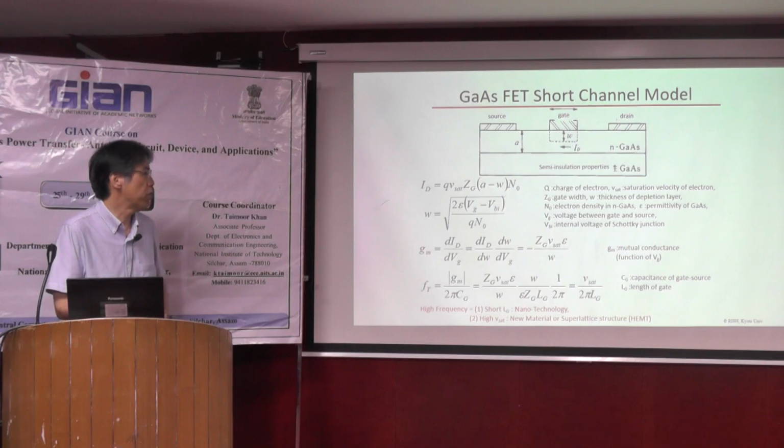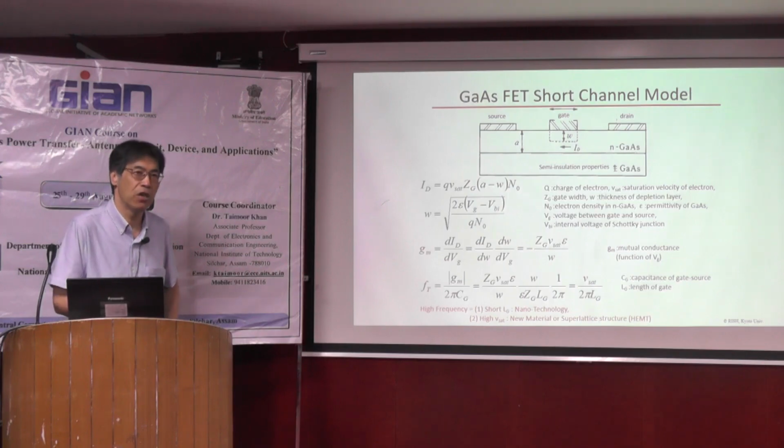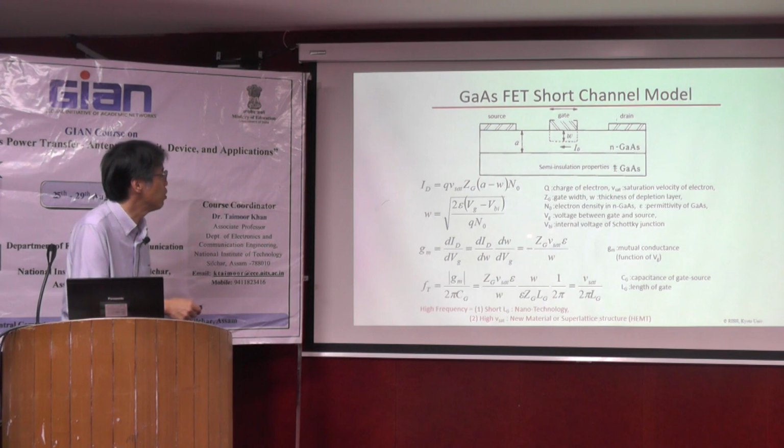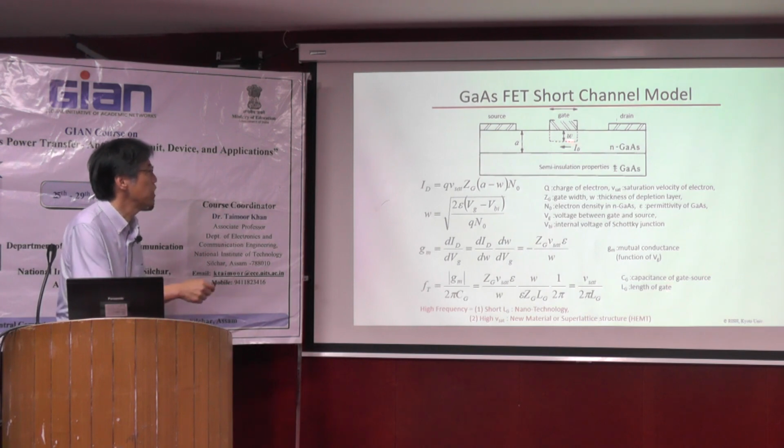And if we would like to increase the frequency, that is, increase the FT or Fmax, we have two ways. We must develop a shorter LG, where LG is the length of the gate here.